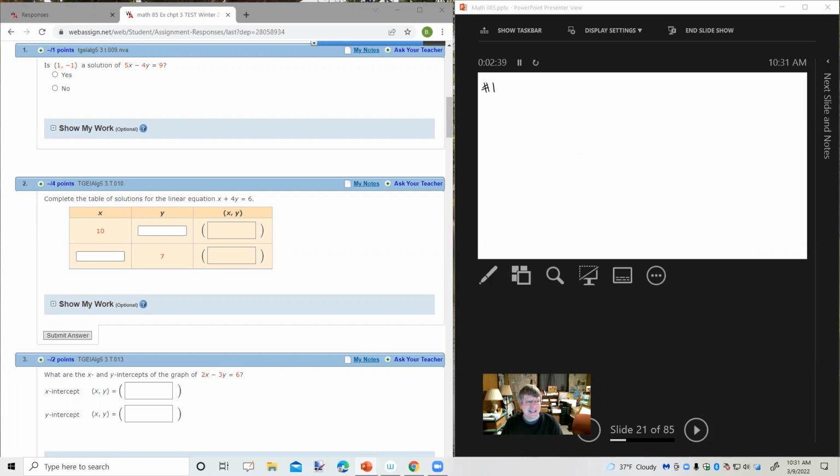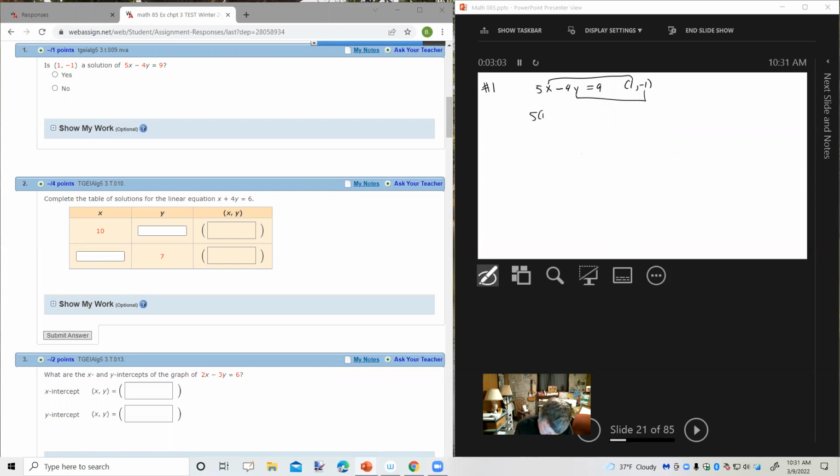It says, is the ordered pair (1, -1) a solution of 5x minus 4y equals 9? So let's take the equation 5x minus 4y equals 9, and let's plug in the ordered pair (1, -1). So 1 goes in the place of x, and -1 goes in the place of y.